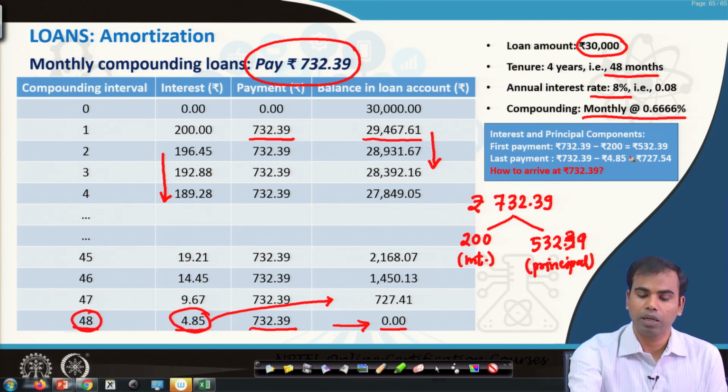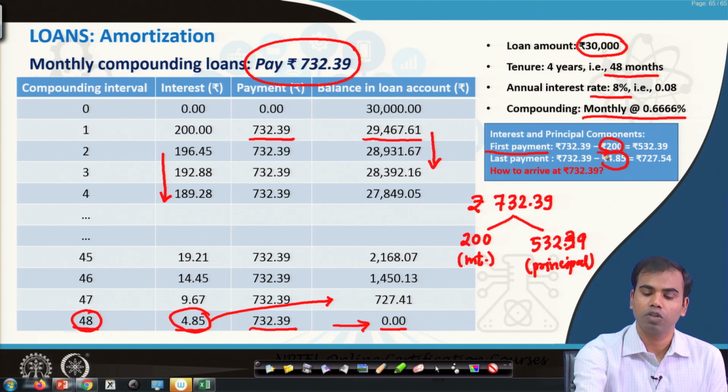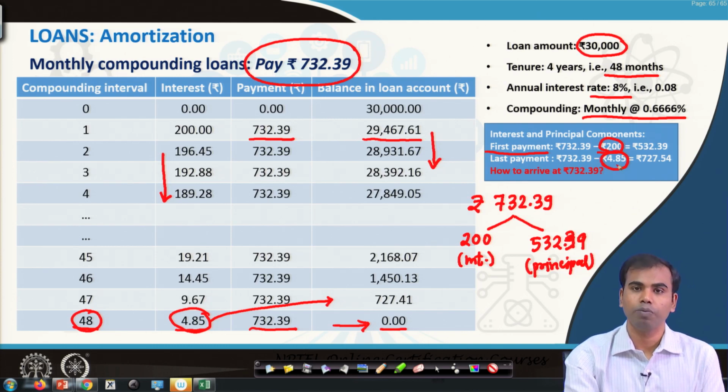So, what is highlighted here is that in the first payment the interest component was 200, whereas in the last payment the interest component was 4 rupees 85 paisa.